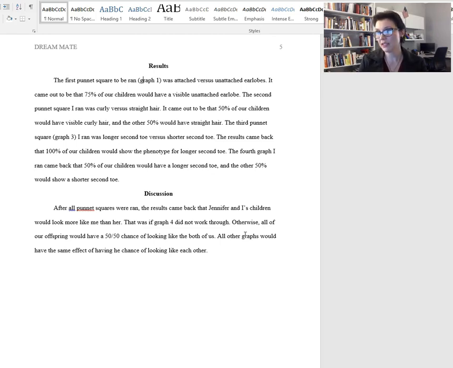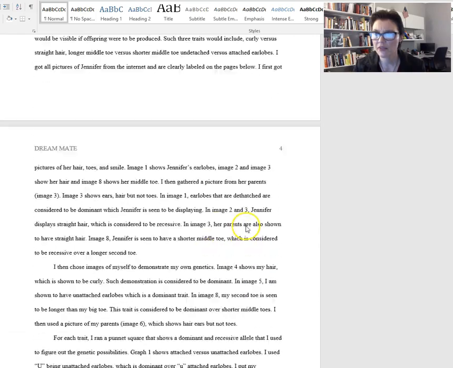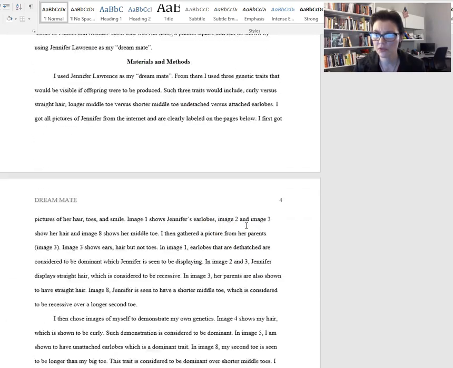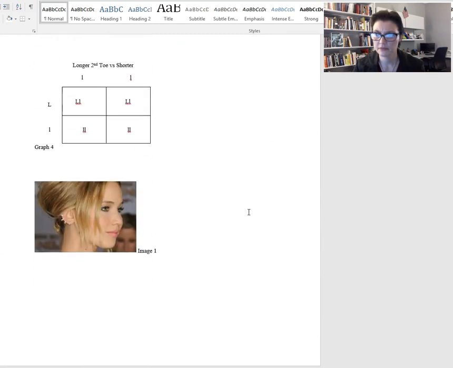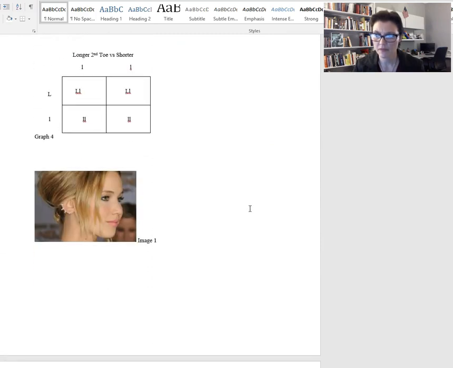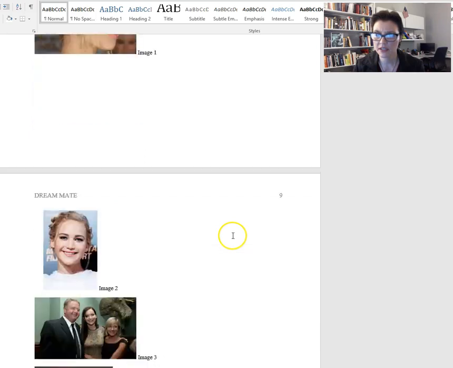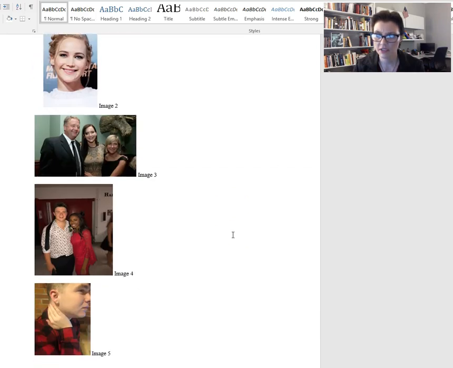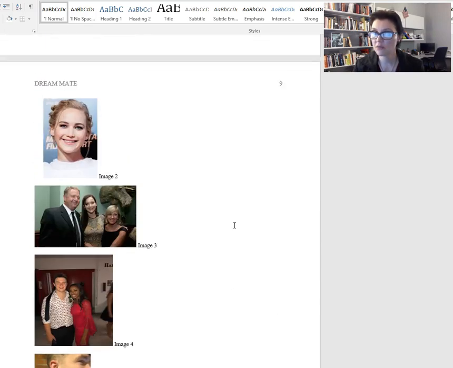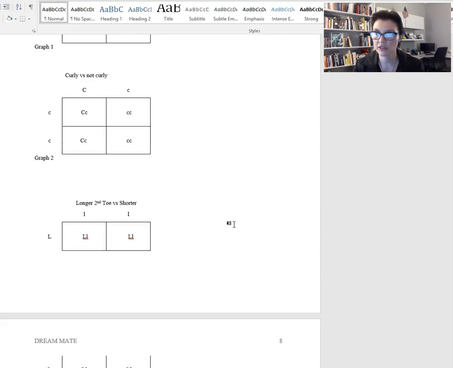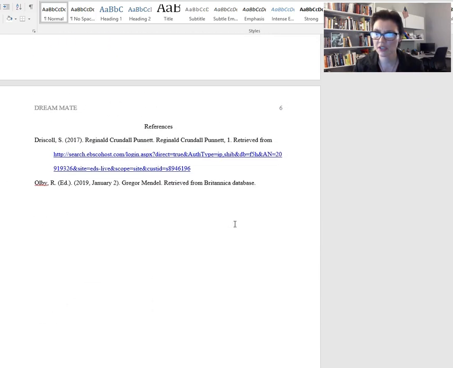And then say, this means that when you look at the three traits, because you have, let's see, who's who? So she has the attached earlobe, and you've got the unattached, and you've got the longer toe, which means that it's more likely that it's going to look like you, right? Isn't that what you came up with?